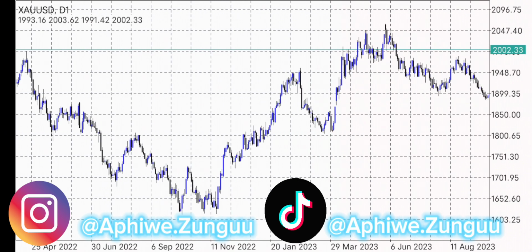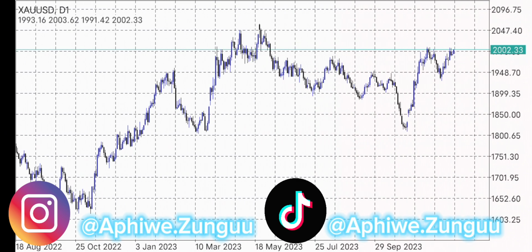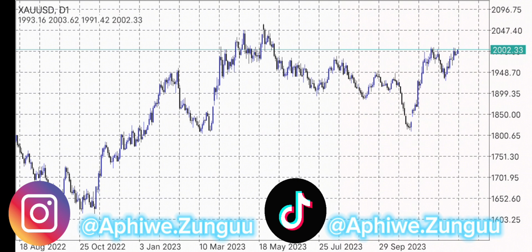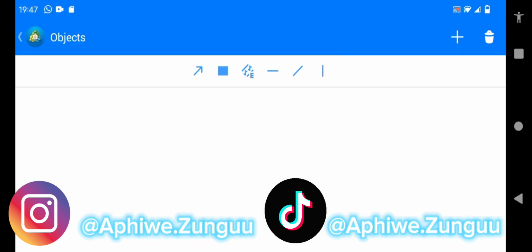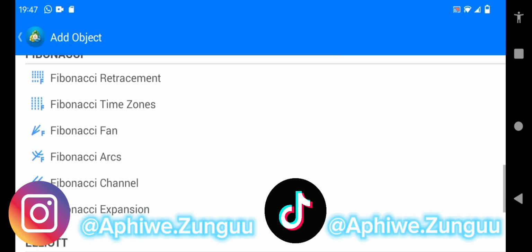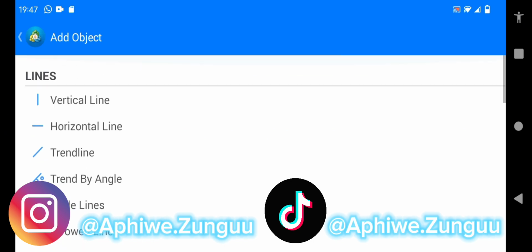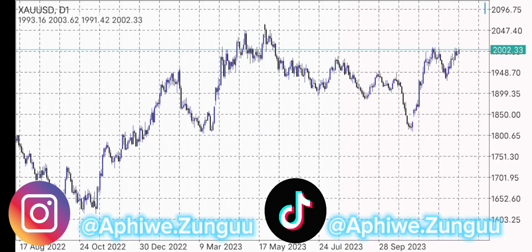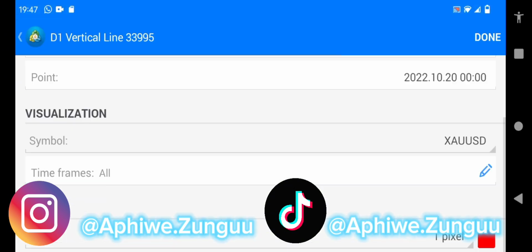So we can see that if we zoom in and minimize the previous data and focus on what's currently happening, right? So let me just take this out. My vertical line, and then from this low, because this is the lowest area, let me make it a bit thicker.